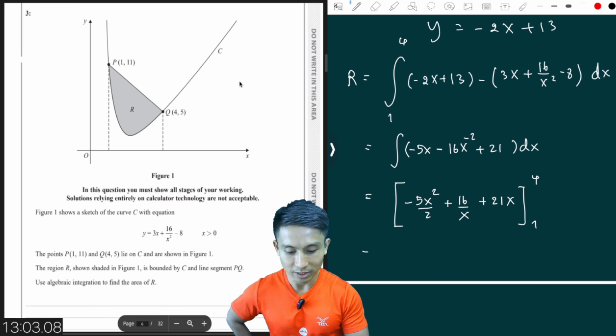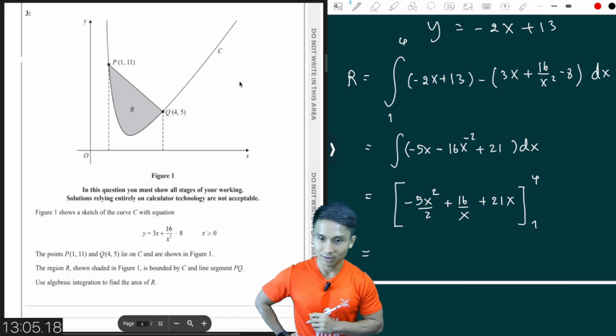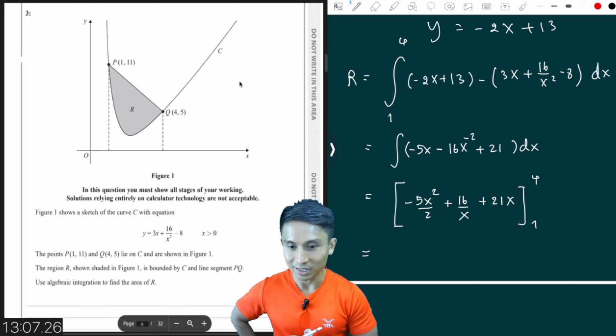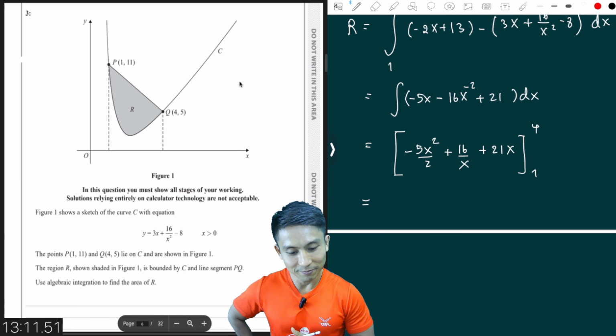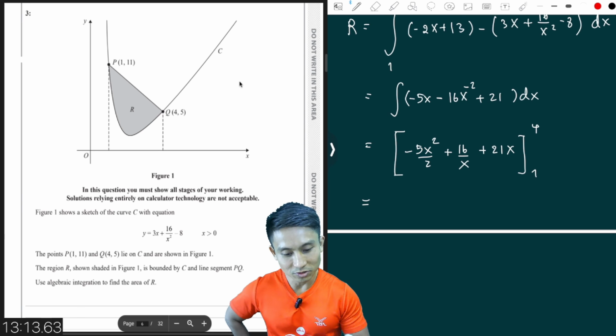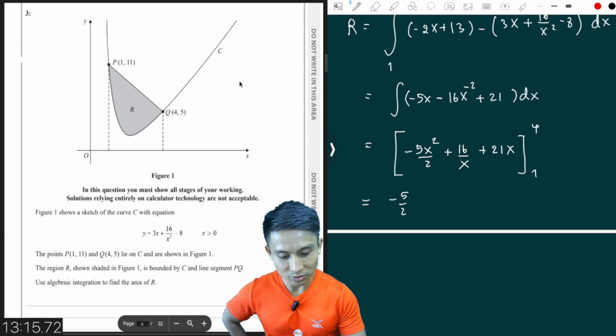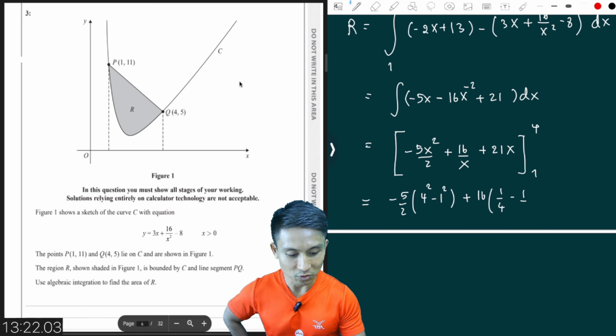Putting 1 to 4 in there should give the answer. It doesn't say exact, but let's make it exact first. I would just do it like this: minus 5 over 2 times 4 squared minus 1 squared, then 16 times 1 over 4 minus 1 over 1, plus 21 times 4 minus 1.